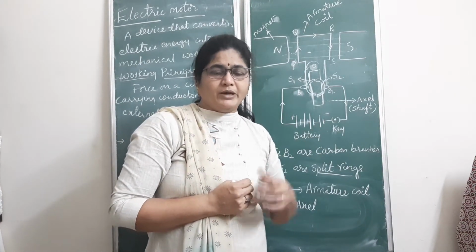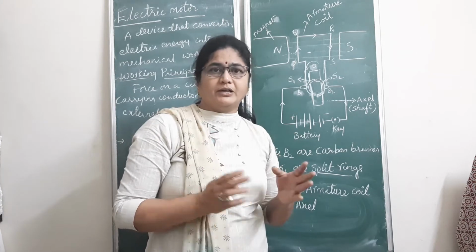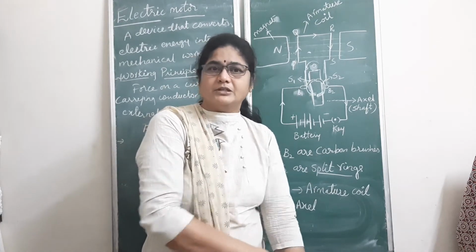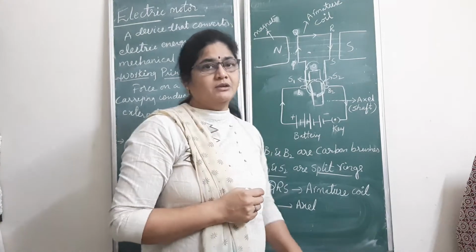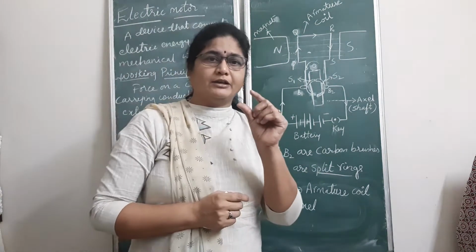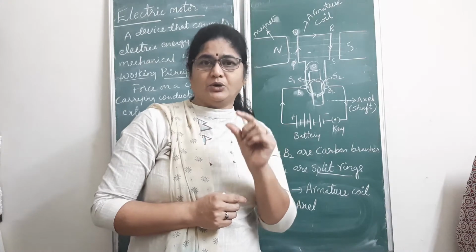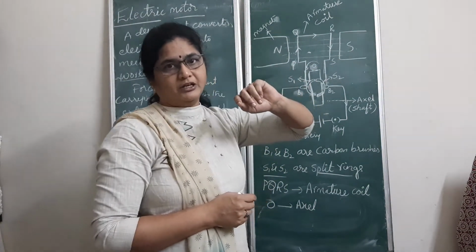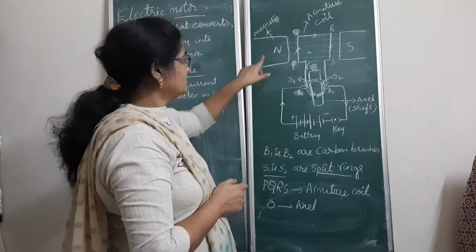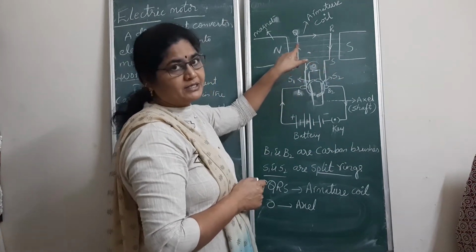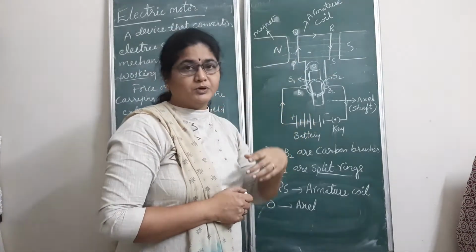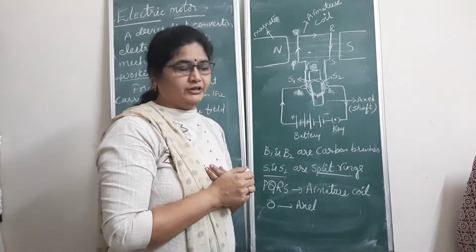You know how it works, like whenever current passes through that, it produces a magnetic field. That's what happens in the case of general devices. Whereas in small electric motors, what you get in toys or whatever, there we get a permanent magnetic field. These are the magnets with the north and south poles which provide a strong magnetic field.